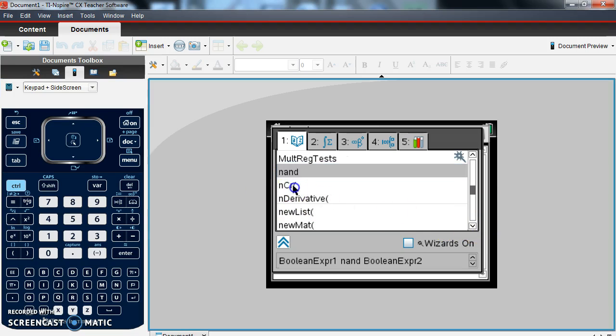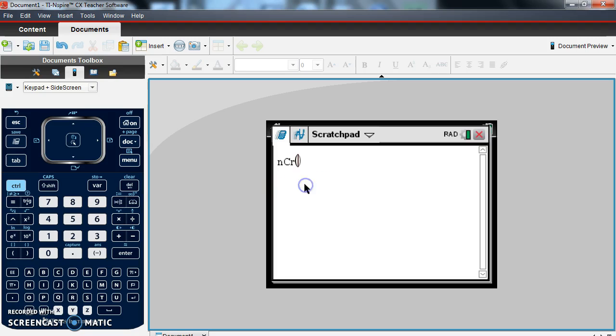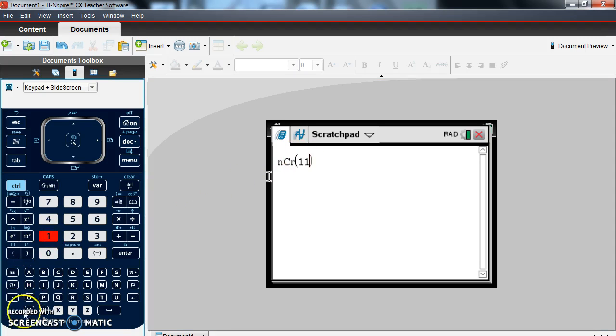Scoot down just a little, and the very next option is nCr. Hopefully that looks familiar. So let's choose that. And we had 11C4, so you simply type those numbers in order with a comma separating them. Here's the comma. 11, 4, and it magically gives us 330.